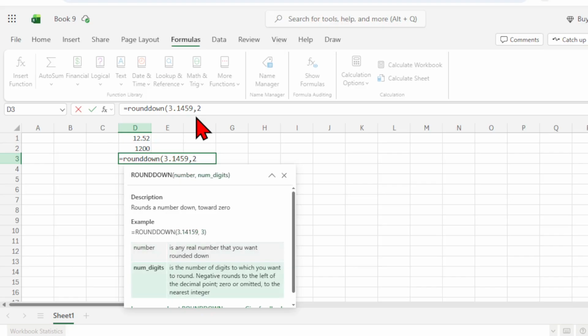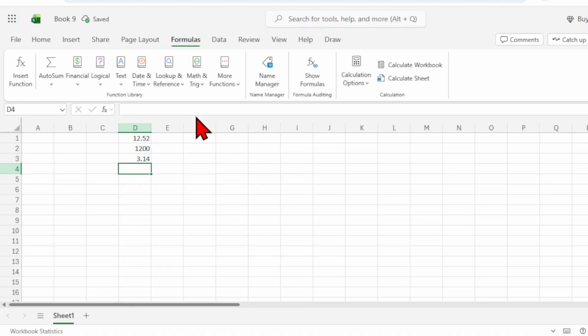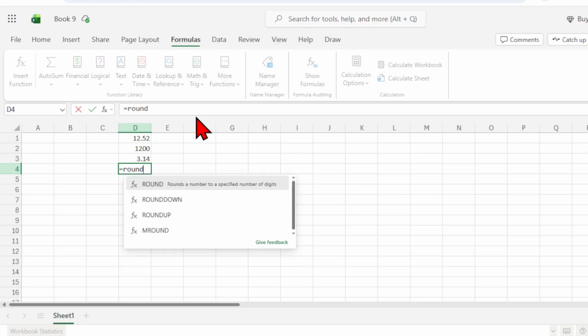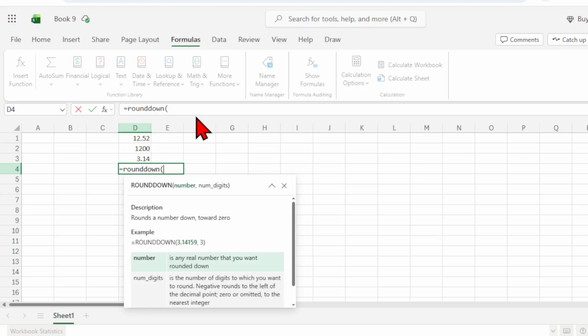I should get 3.14. And if I do the same thing for the negative, -3.1457, I should still get -3.14, even though -3.15 is technically lower.